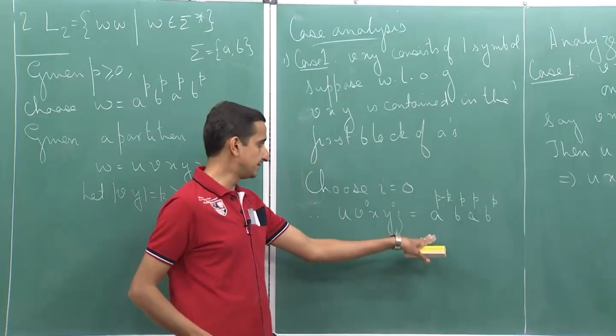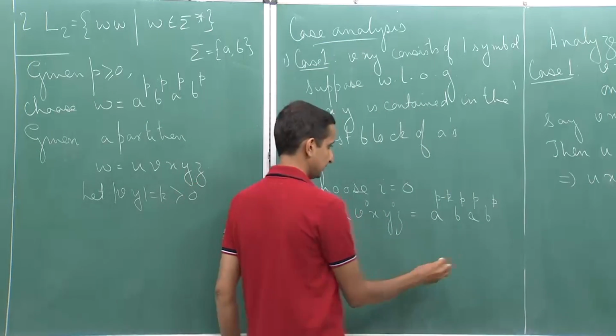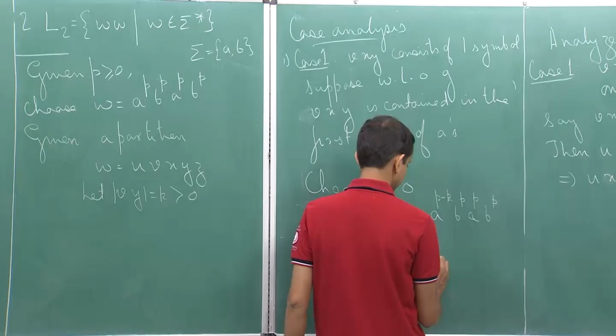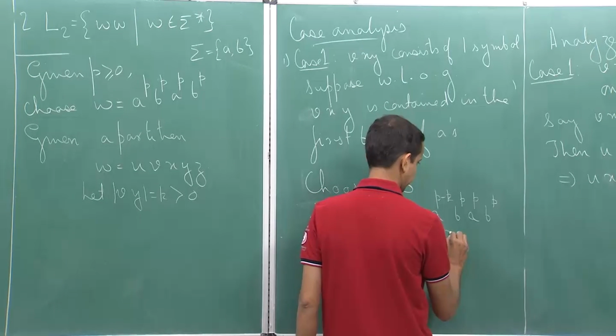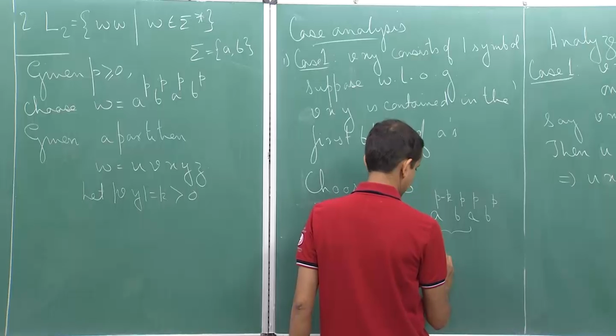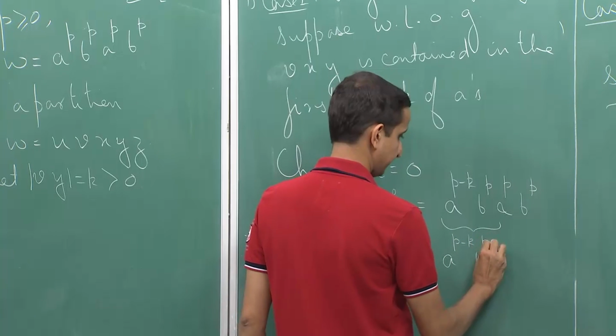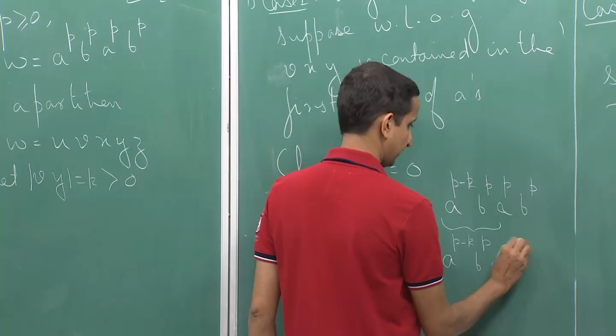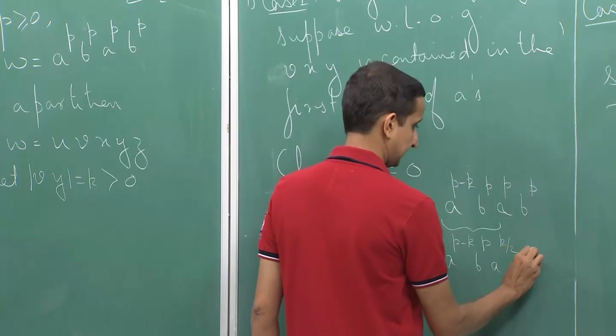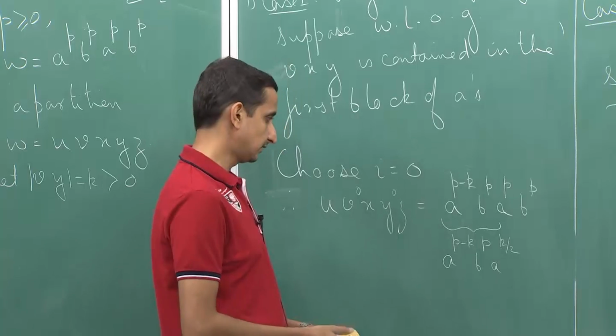Okay. So, now if I divide this string into two parts, if I divide it into two halves, the first half will have a to the power p minus k, b to the power p, a to the power k by 2. Okay.